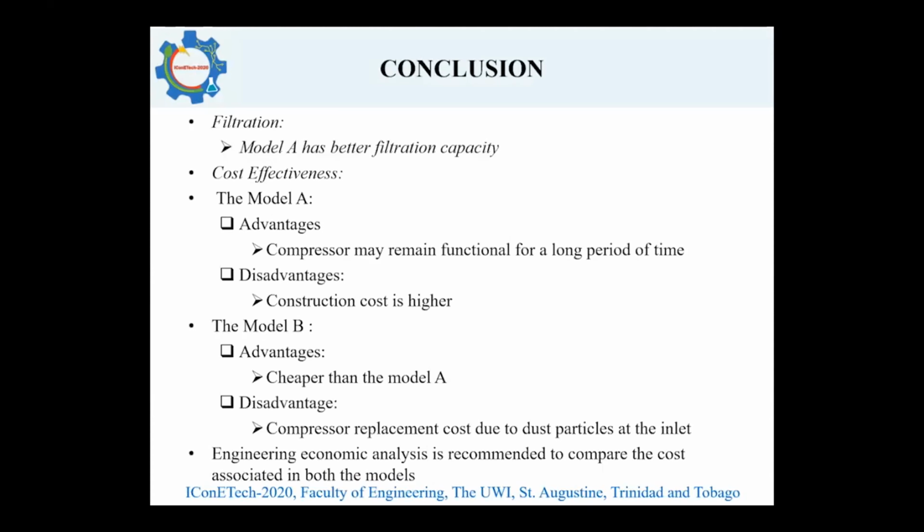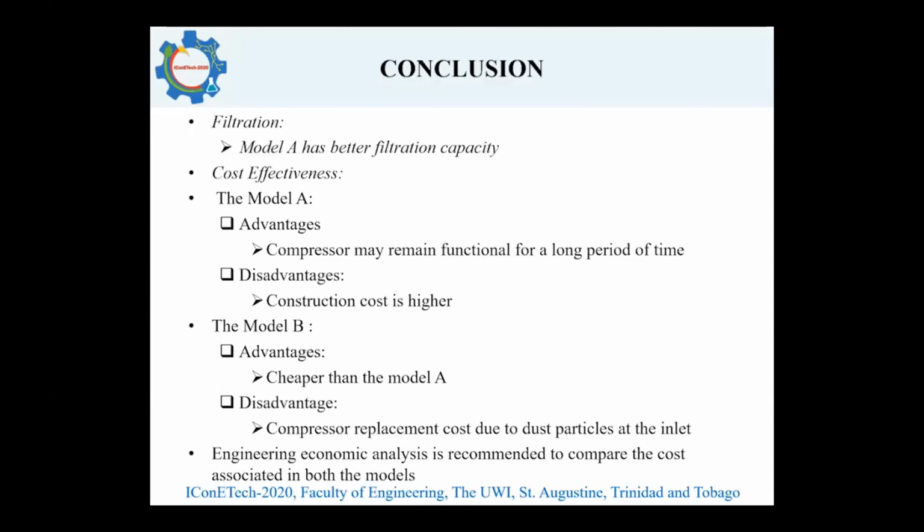If a company really wants to use Model A or Model B, an engineering economic analysis is required in order to exactly compare the cost associated with both models. If you have to choose just between the filtration capacities, Model A has the better filtration capacity.